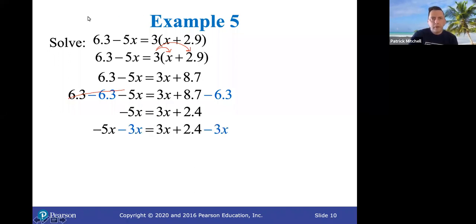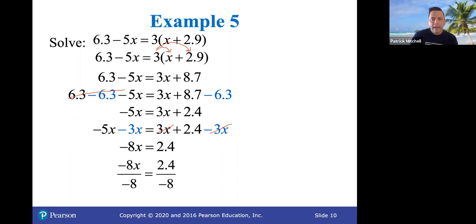That gets rid of this, and I have negative 8x equals 2 4/10. We're going to divide both sides by negative 8, and that leaves us with x equals negative 3/10.